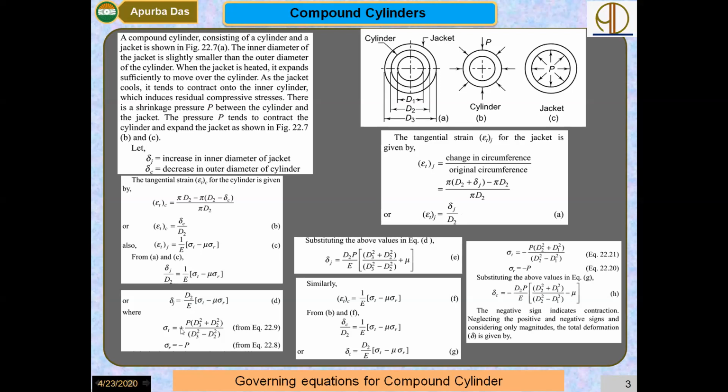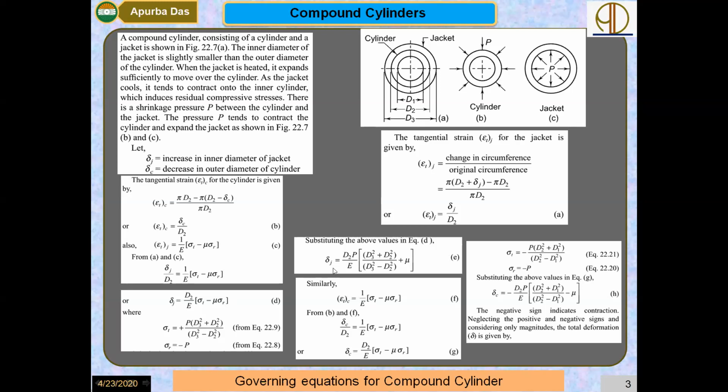We have seen from the previous class that the tangential stress sigma T is P (d3 square plus d2 square) divided by (d3 square minus d2 square), and the radial stress is minus P. If we substitute these in this equation, we get delta J equal to this one. Let's call this equation number E.